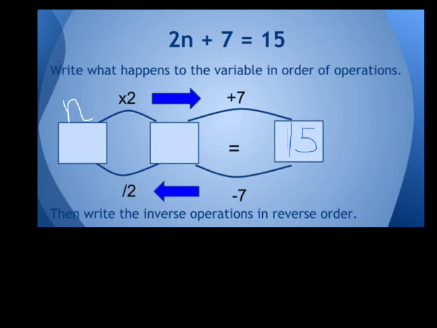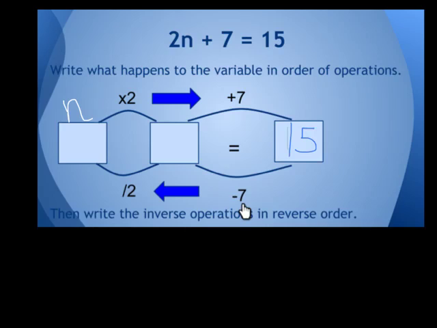Now, we're going to do the inverse operation of each of the steps in order. We're going to show the inverse operation on the bottom to undo what we did to the variable. So we said that the result was 15 after we added 7. If we undo add 7, the inverse operation would be to subtract 7.